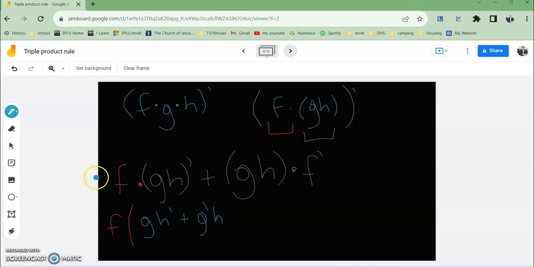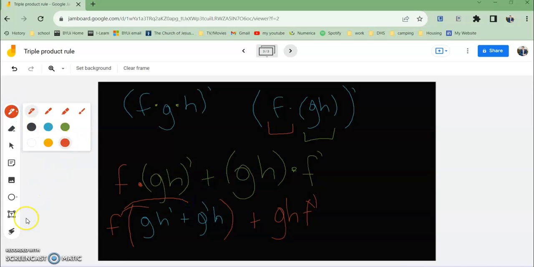Okay. So that's the same thing right here. That's the exact same thing. Alright, and we're still left with g times h times f prime. I'll just rewrite them like that. Okay, so now we can distribute the f in right there.